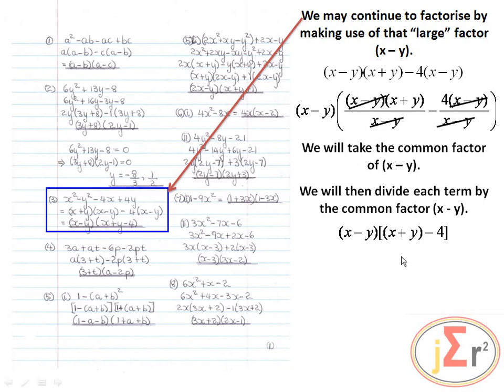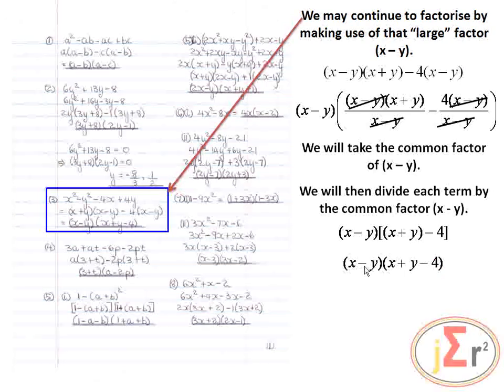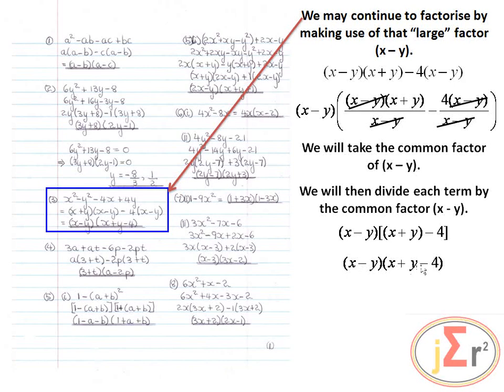So in this particular case, the brackets are not affecting the expression, so we may just eliminate them. So all we have is x minus y, x plus y minus 4.